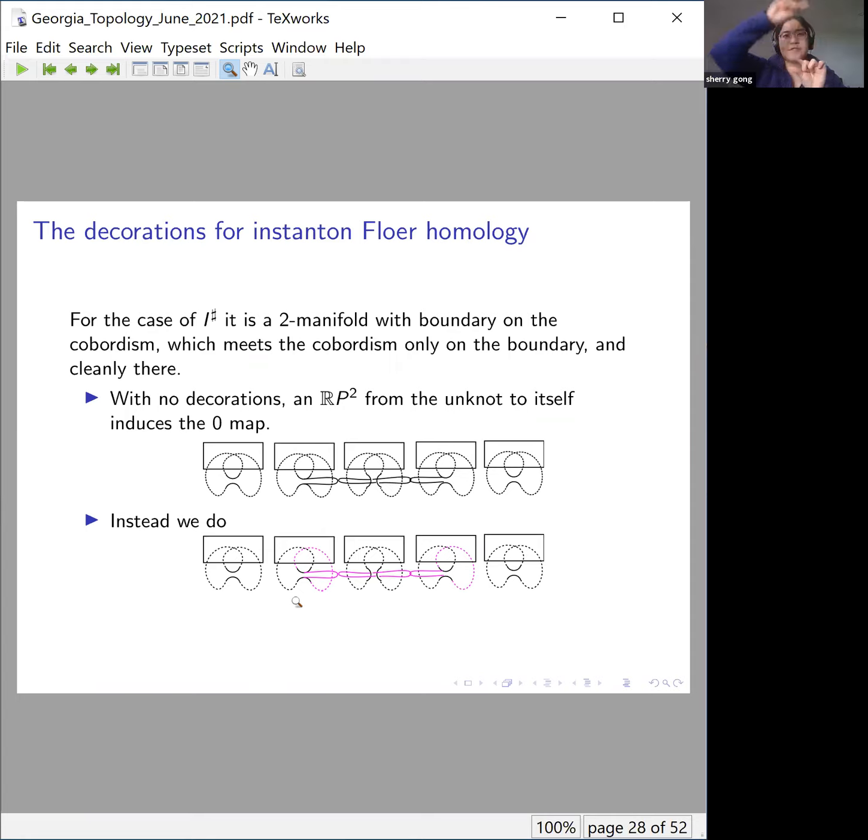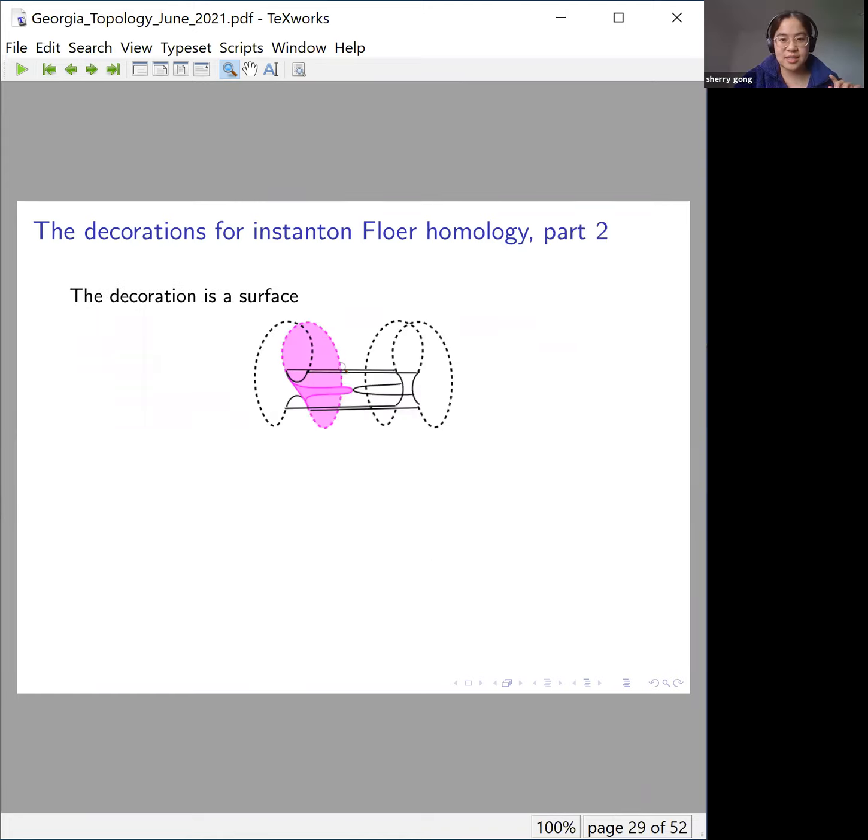This band divides the unknot into two wings. If you take a surface that is the disk bounded by one of the wings, and then juts out a little bit with this little disk, then the map induced here is not going to be zero.